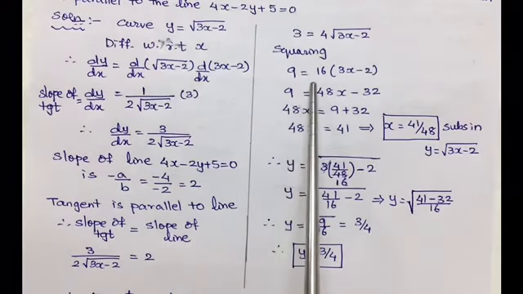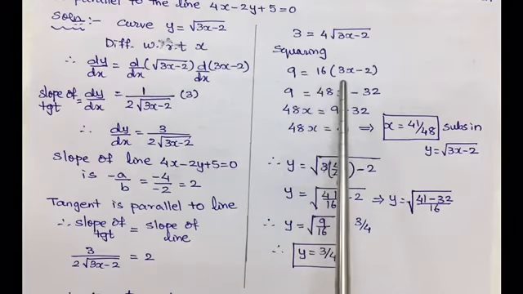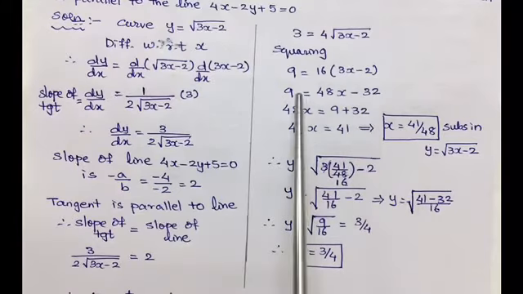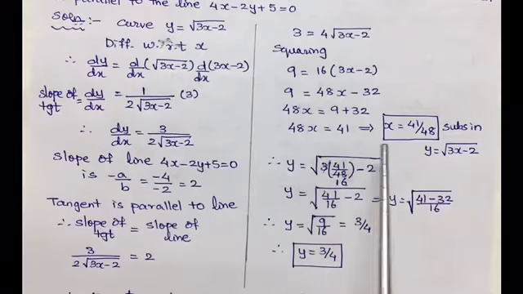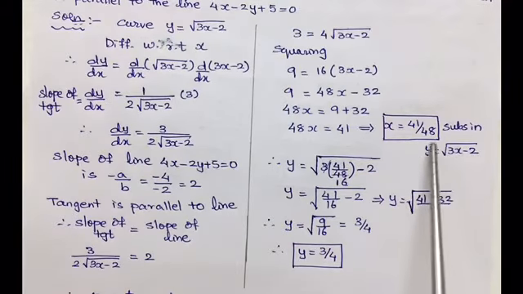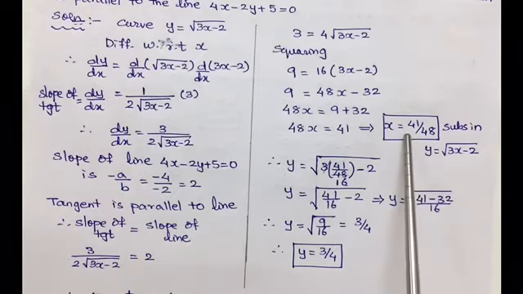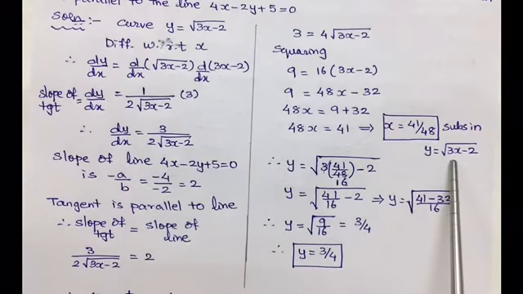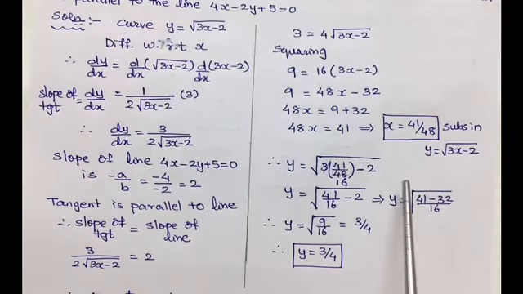So it becomes 9 equal to 16 times (3x minus 2). Opening the bracket and calculating the value of x, we get 41 upon 48. Now to calculate y, the value of x is to be substituted in the equation of the curve, that is y equal to root of 3x minus 2.